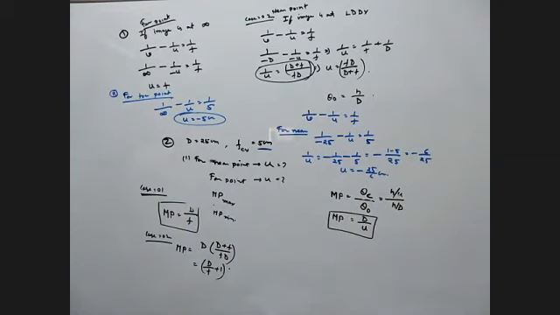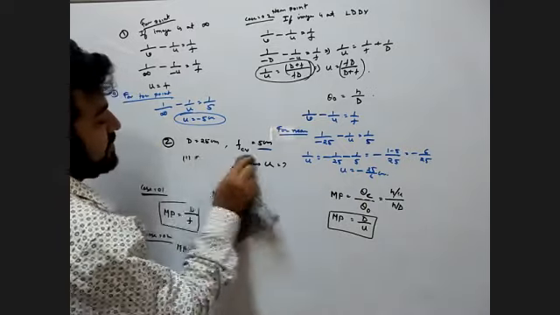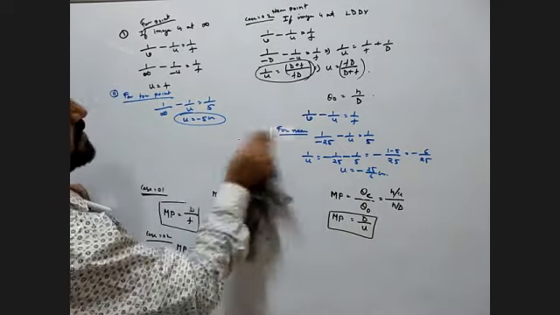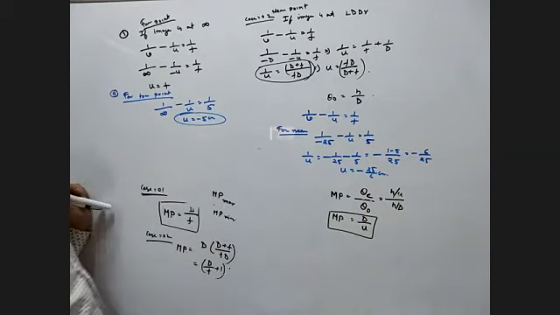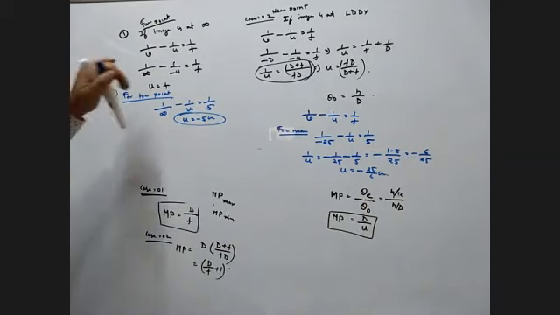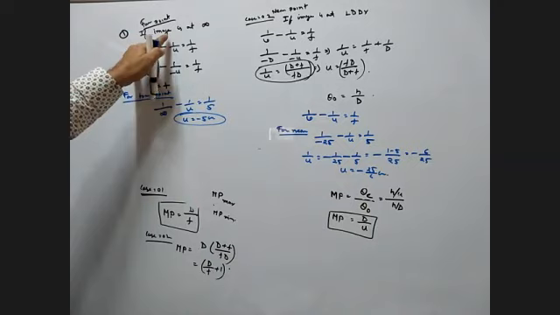Yes, sir. Now the second part of the question, maximum and minimum power. Always remember the power is maximum when the image is at near point, not the far point.